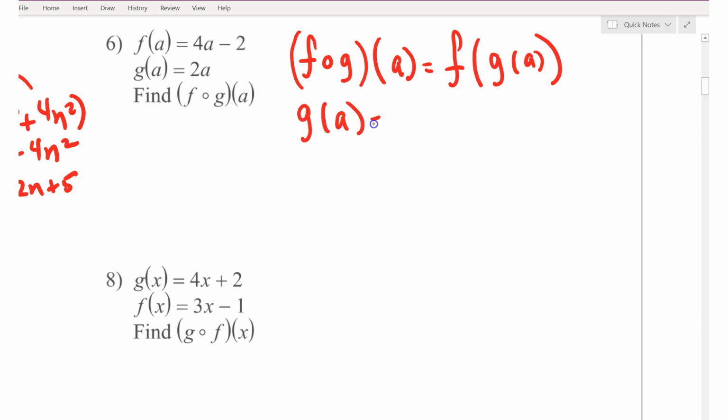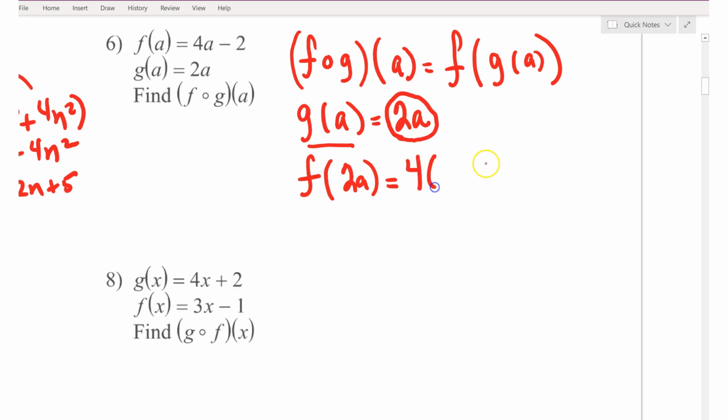So you first got to do g of a. In this case, g of a is 2a. That will become the input into f. So you have f of g of a. In this case, the input now is 2a. And so we're going to use 4 times the input minus 2.